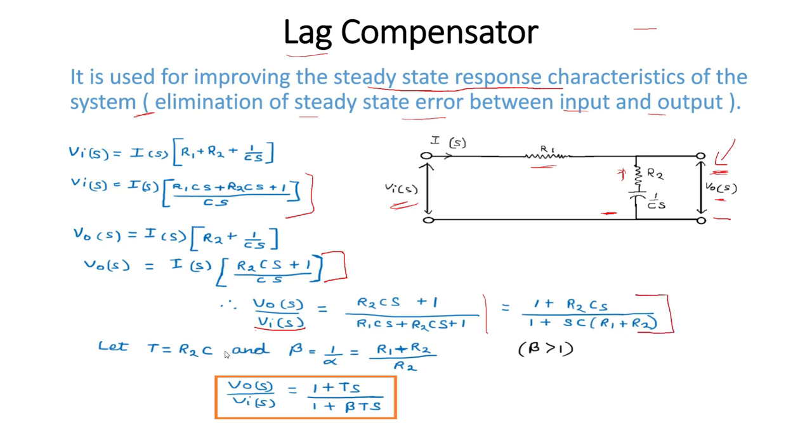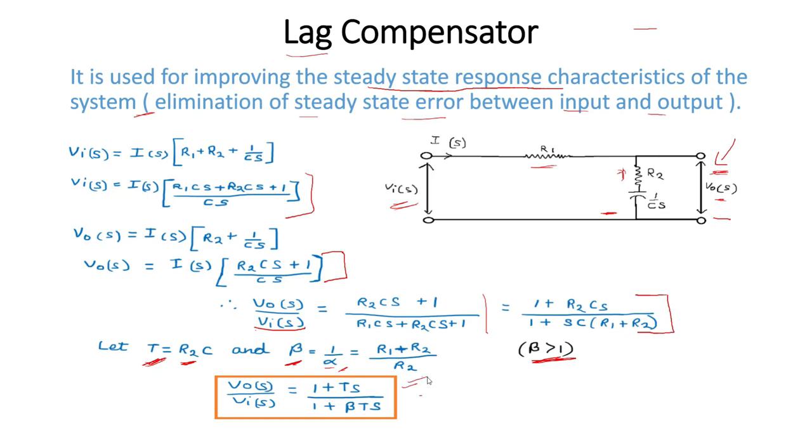Why? To introduce two new terms again. So this T is your time constant here, and it is equal to R2C, and here we have beta instead of alpha, which is the inverse value of alpha, R1 plus R2 upon R2, and it is clearly greater than 1.